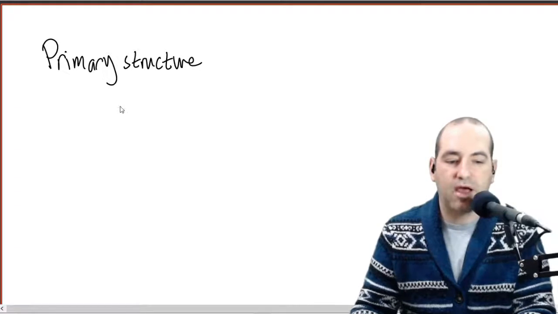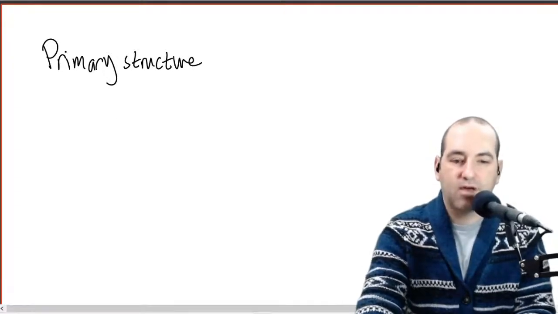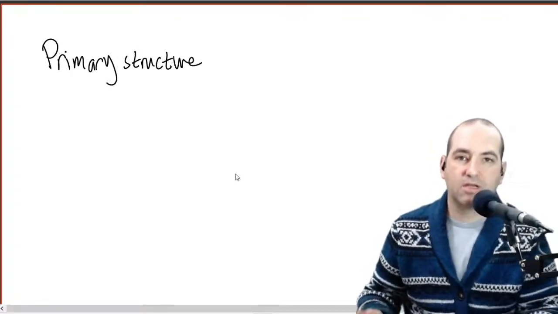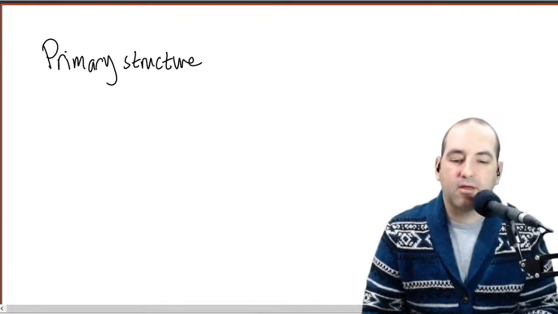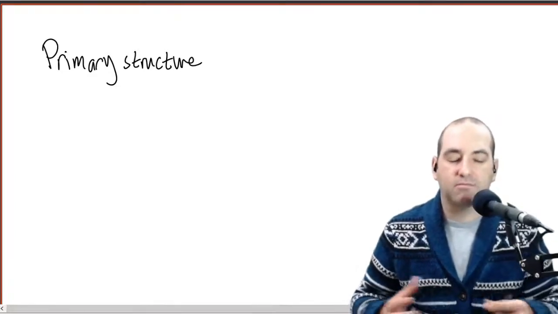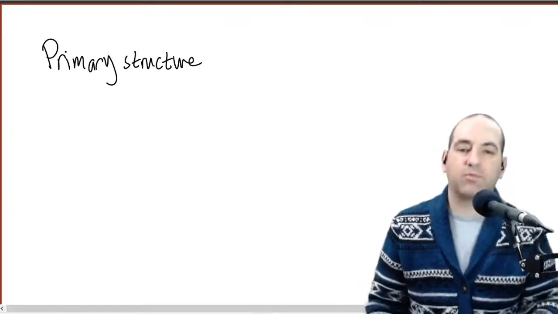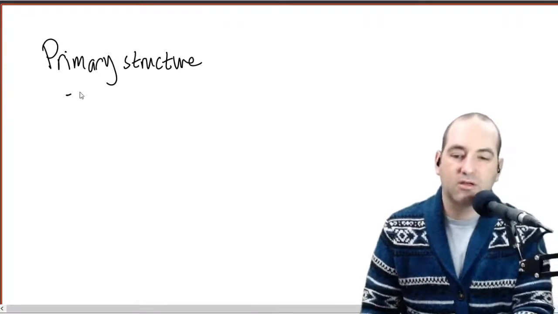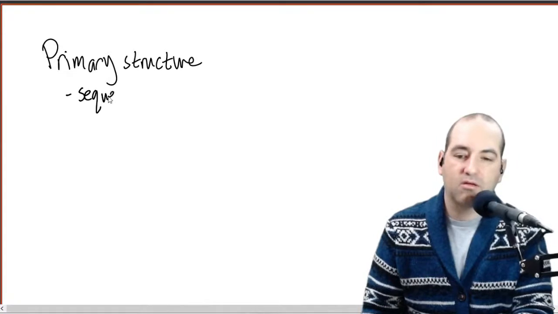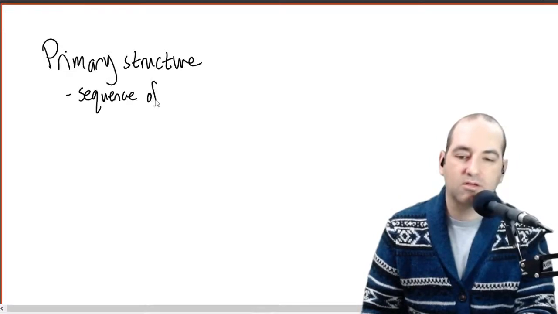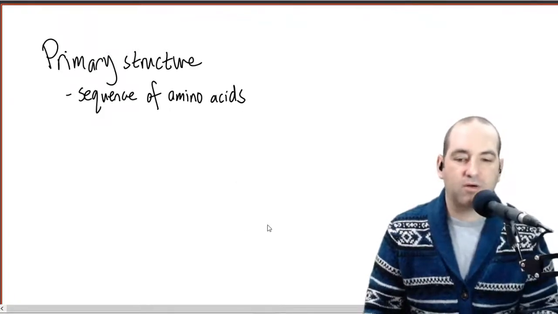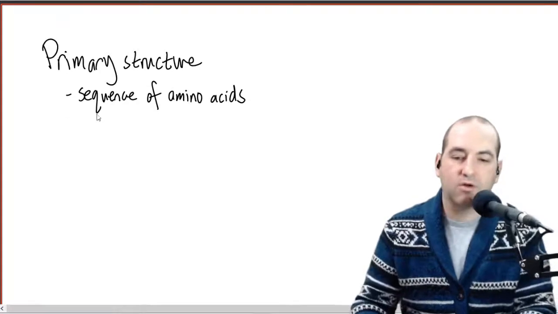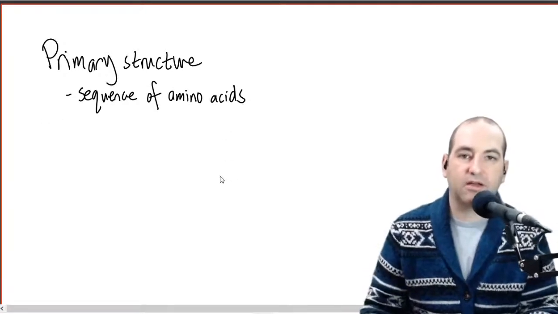We're going to look at four different levels of protein structure: primary, secondary, tertiary, and quaternary. And that's just as we get bigger and bigger, kind of like zooming out. So the primary structure is the sequence of amino acids, so how the amino acids are connected to each other.